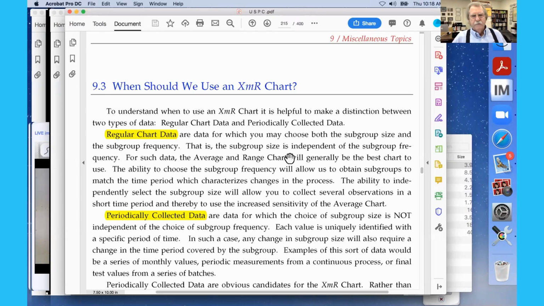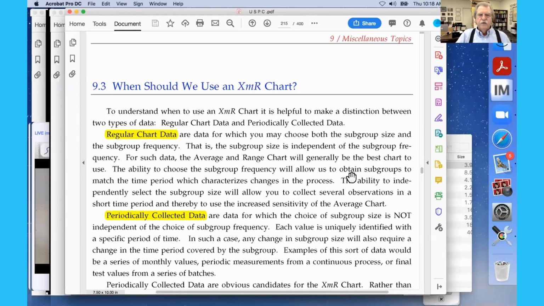Regular chart data are data for which you may choose both the subgroup size and the subgroup frequency. That is, the subgroup size is independent of the subgroup frequency. For such data, the average and range chart will generally be the best chart to use.